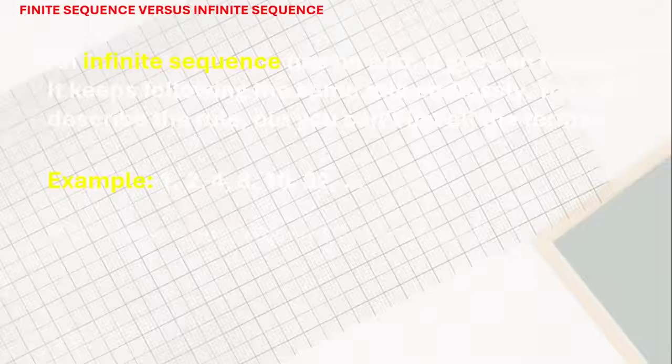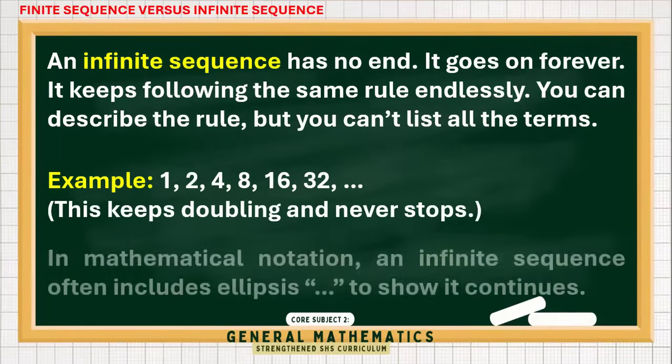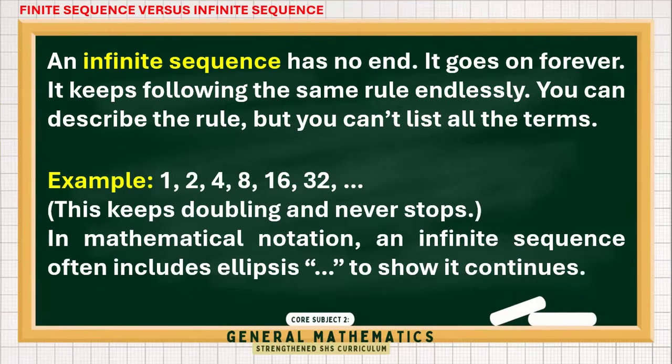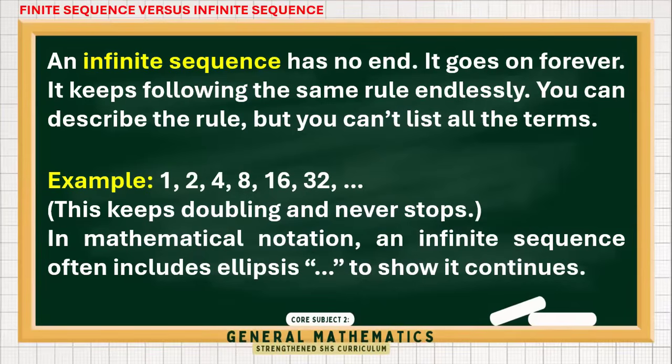As you could see, this keeps doubling and never stops. It is because of the mathematical notation, which is also what we call the ellipsis. The ellipsis is a continuous three dots that shows continuity in the given sequence.